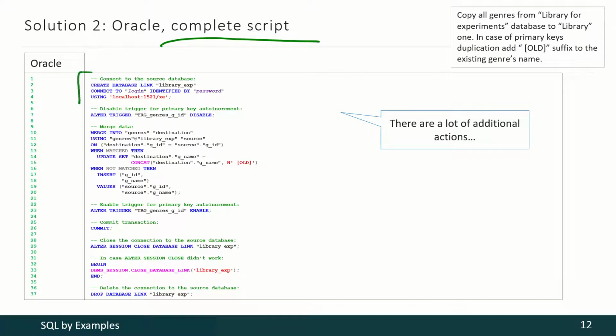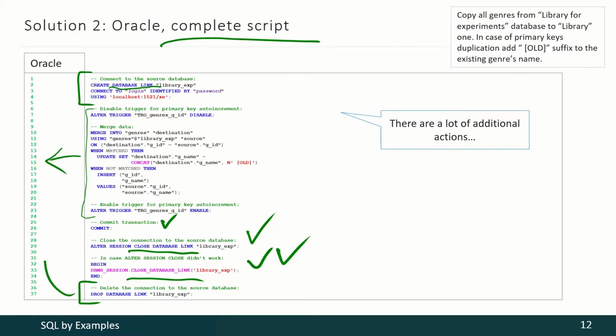We have to create a special object, a database link. Once the link is created, we have to perform these operations we've already seen on the previous slide. Then we have to commit our transaction, and then we have to close that link. But in case this approach fails, we may use another approach to be sure. And then we have to drop that special object we've created at the beginning of this script.